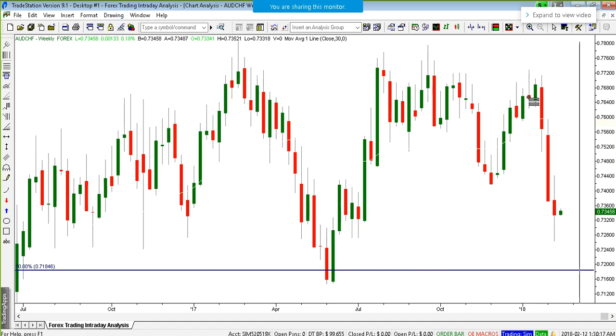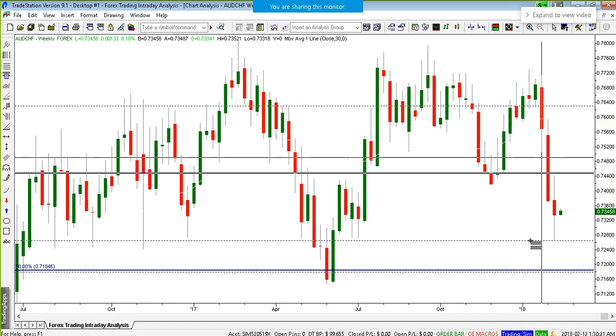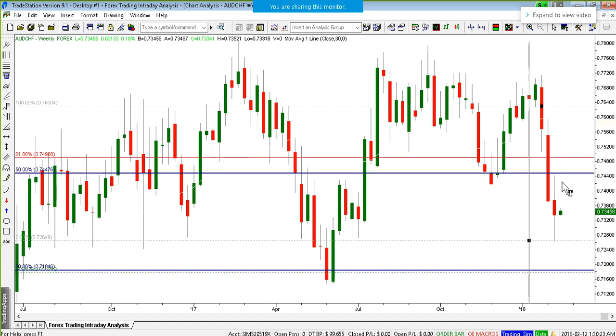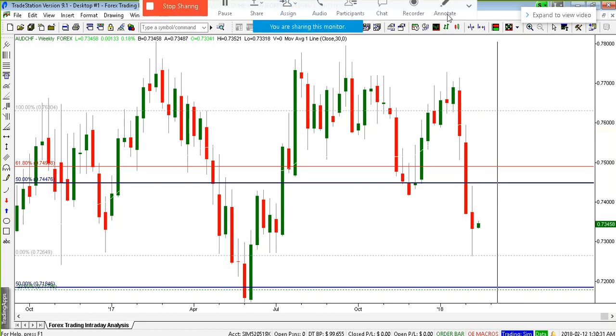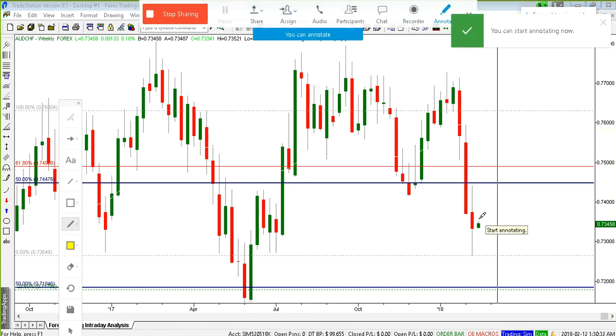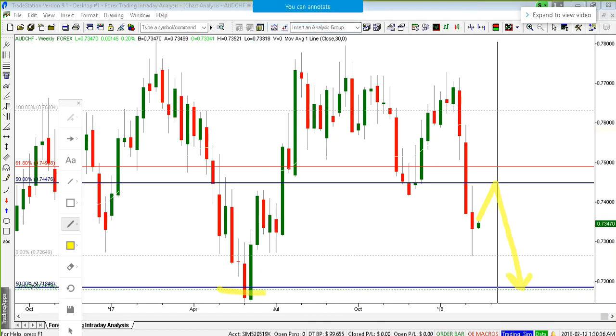Sorry, this was never tested, of course. So when this market comes to 74.47, that would become a great opportunity for shorting this market. That's the kind of setup we want. Notice how the first target lines up with the 50% long where this market is going.